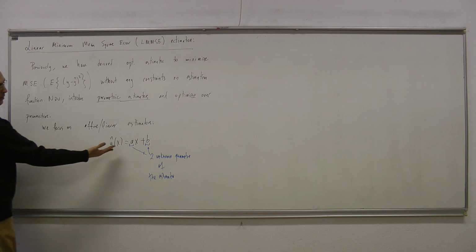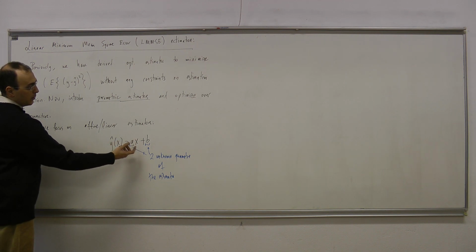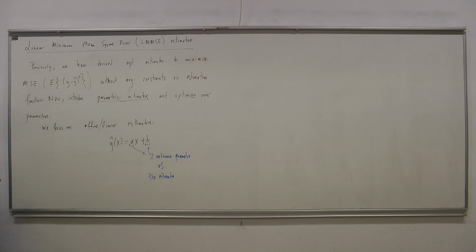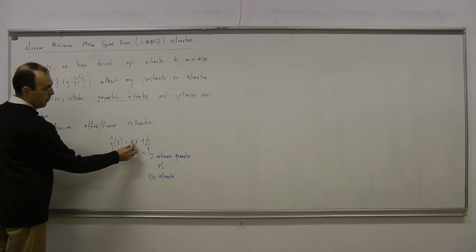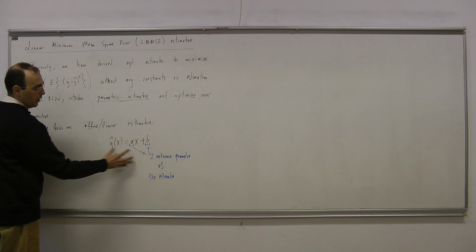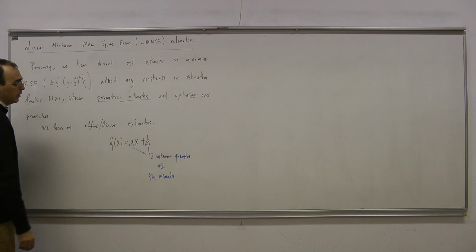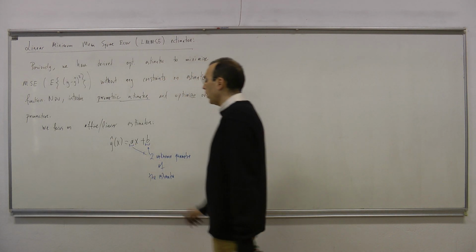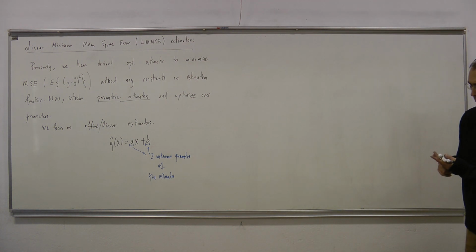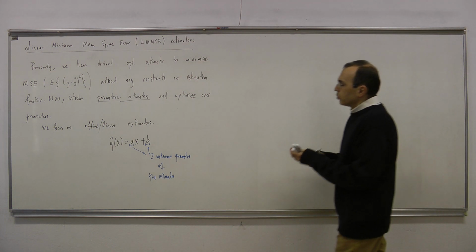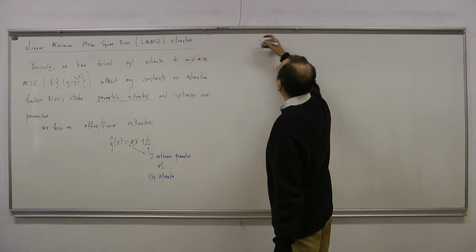For the Gaussian case, with jointly distributed x and y, of course this is the optimal, but I don't know anything about the distributions. Then I'm only considering such an estimator family, affine estimators, and trying to find the optimal values of a and b. So how can I define this optimality?